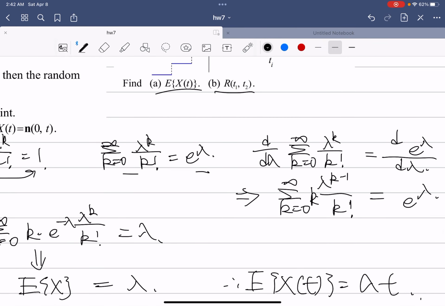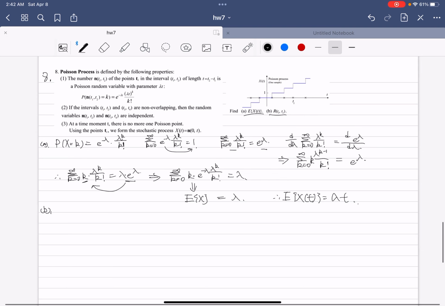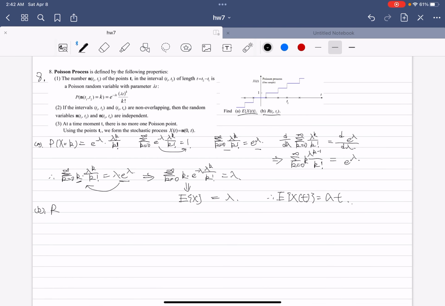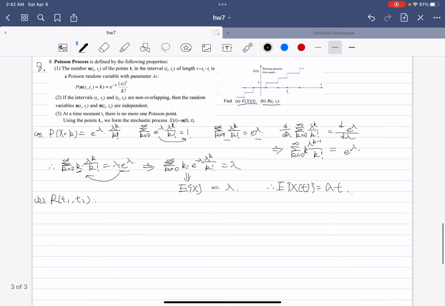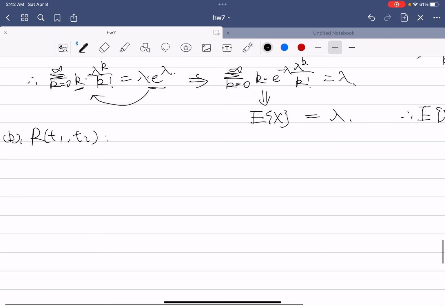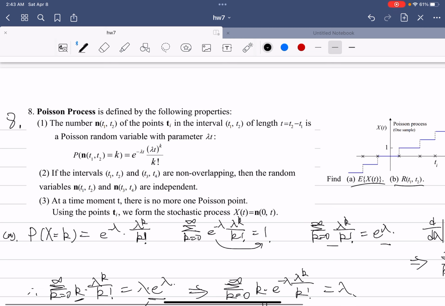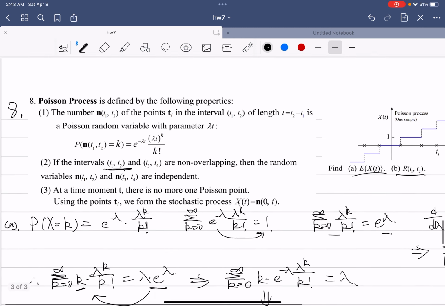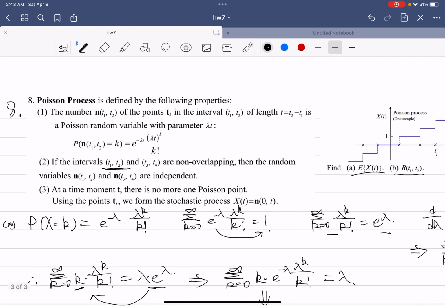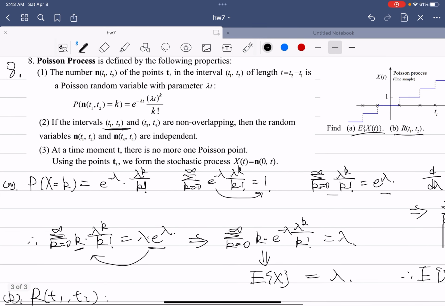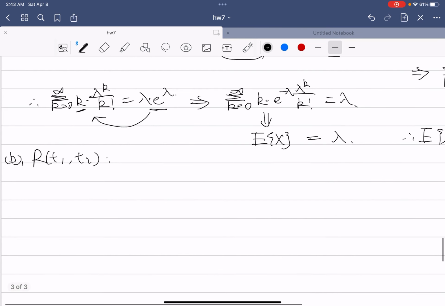Now we are going to calculate the autocorrelation R(T1, T2). We are given that N(T1, T2) and N(T3, T4) are independent.